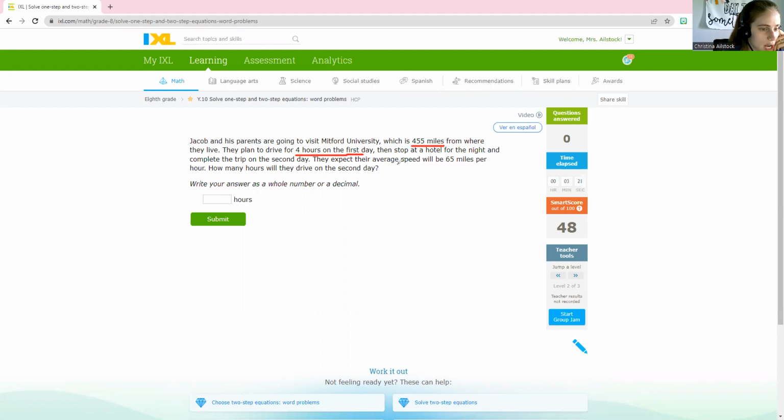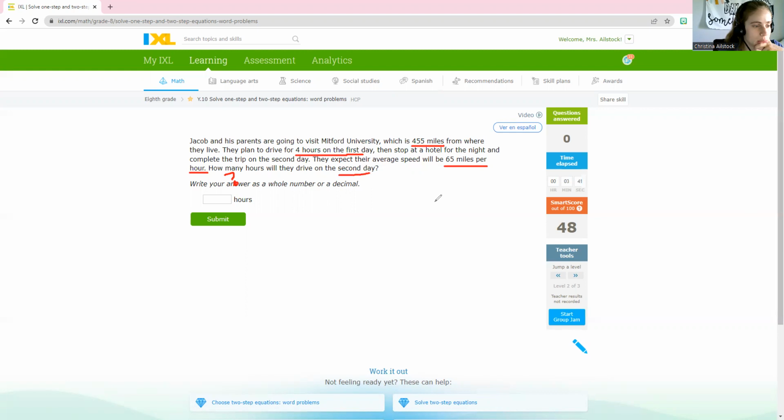They expect their average speed will be 65 miles per hour. How many hours will they drive on the second day? This is a good one.